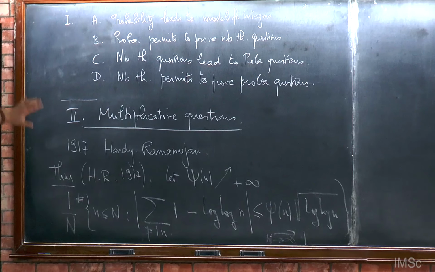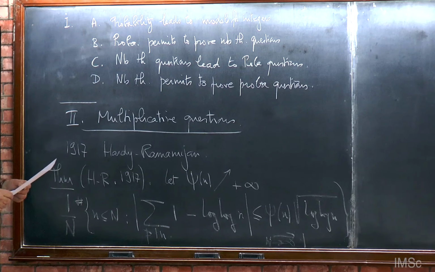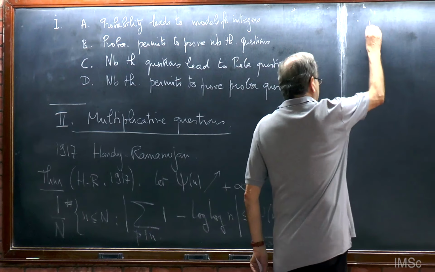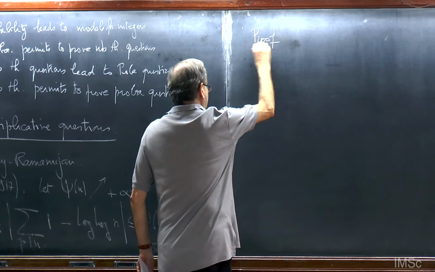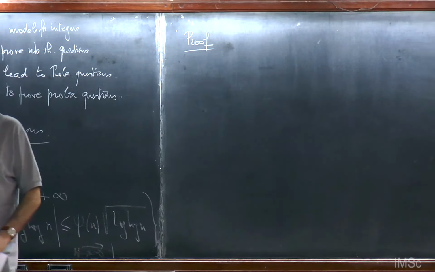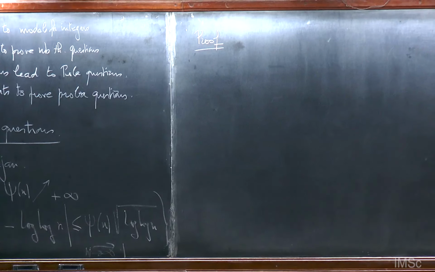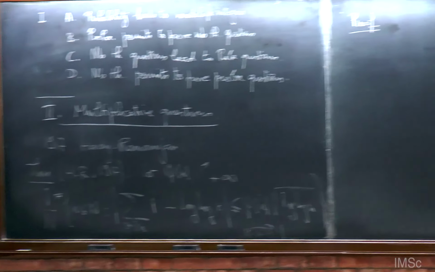Okay, so this is the thing. And now I would like to give you an idea of the proof. And the proof is not the proof that was given by Hardy and Ramanujan. The proof by Hardy and Ramanujan used indeed the number of integers up to n which have exactly k prime factors.